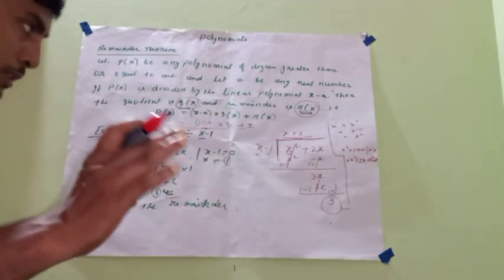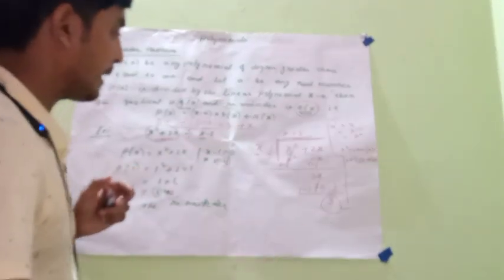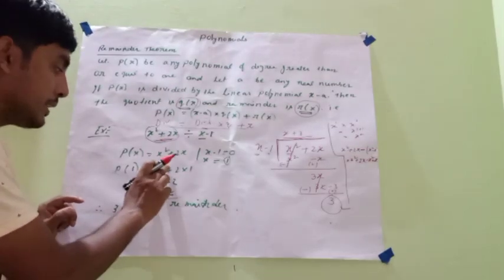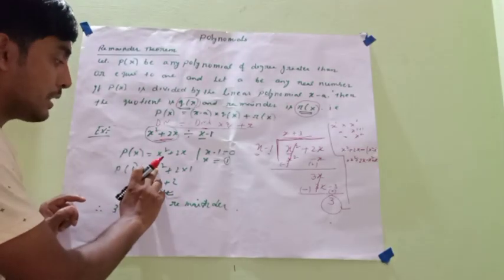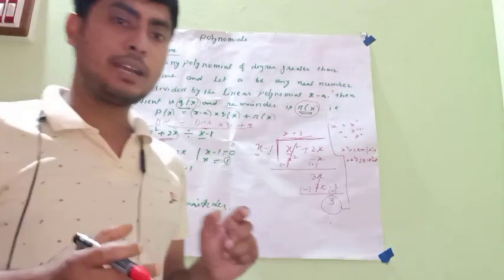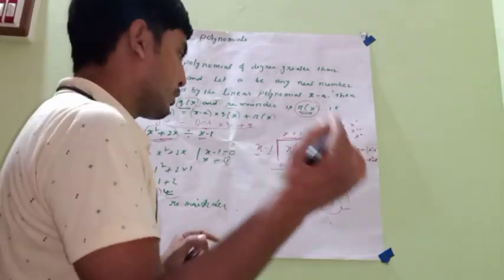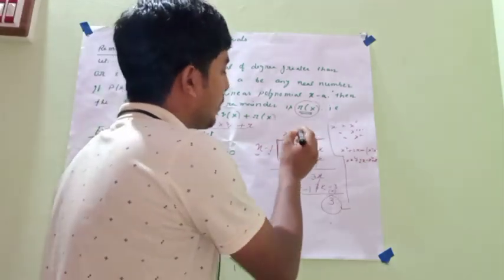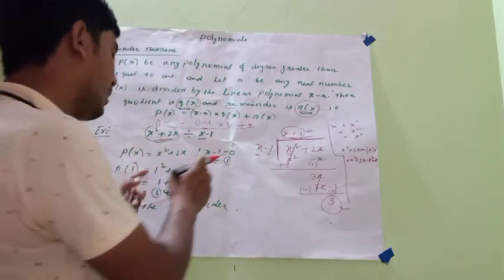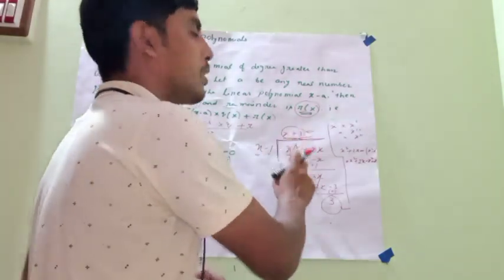Now see, one thing you have to keep in mind: in the exam, suppose the question is like this, find the quotient and remainder. When you are using the remainder theorem, you cannot see the quotient. But in the exam, if the question is find the remainder and quotient, then you have to do long division, because only by the long division method can you get the quotient. By the remainder theorem you will get the remainder, but if you need to find the quotient, you have to do the long division method only.